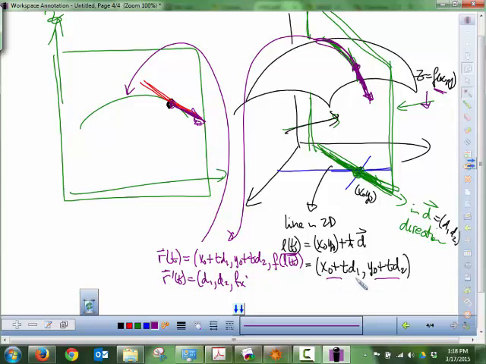What's x prime? Times d1 plus fy times the derivative of y with respect to t, which is d2. Chain rule.